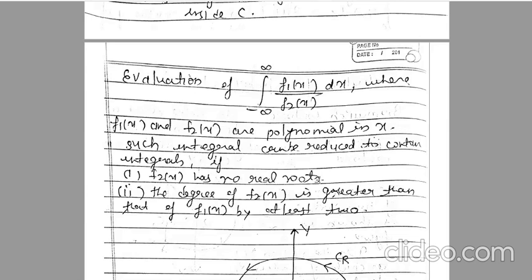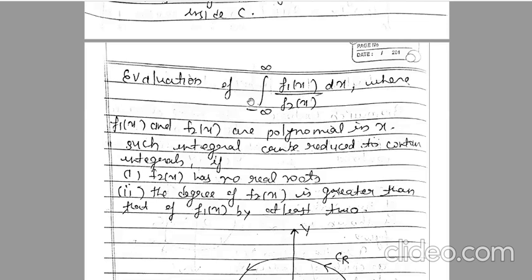Then we calculate our poles. If the poles lie inside the circle, we proceed further, otherwise the residue will be zero. We calculate the residue at these poles, then use the Cauchy residue theorem.